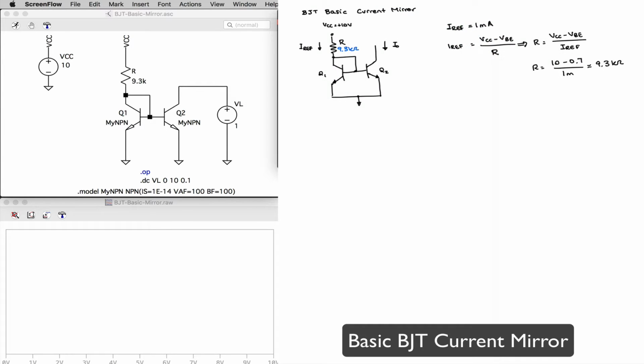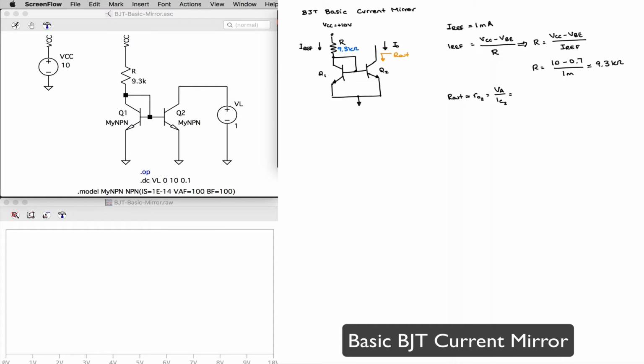With that, since this is the basic mirror, I know my output resistance, which is the resistance looking into the output of the current mirror, which is essentially the collector terminal of Q2. It's going to be approximately equal to r_o2, which is the Early voltage divided by the quiescent collector current of transistor 2.